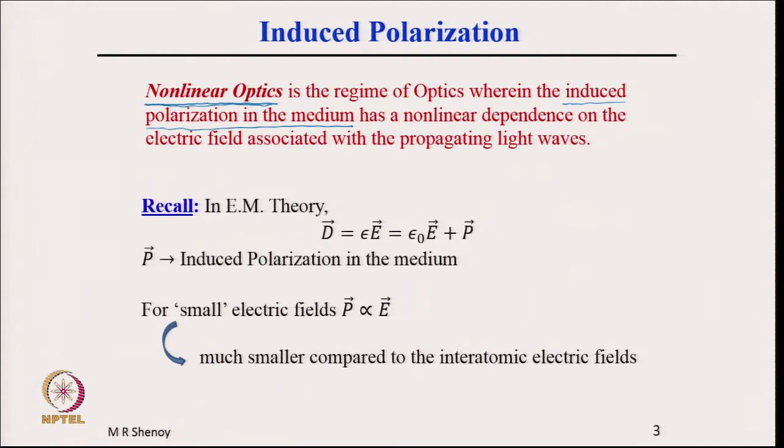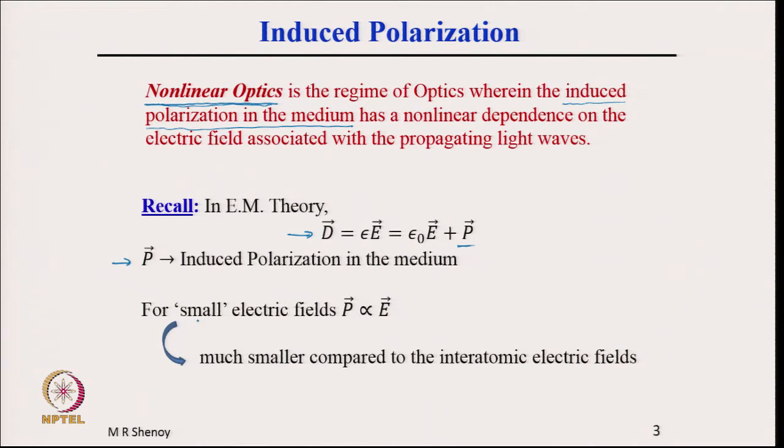All right. Very quickly recall that in the electromagnetic theory, the displacement vector D is given by D is equal to epsilon into E, where epsilon is the permittivity of the medium, which can be written as epsilon 0, permittivity of free space, into the electric field plus polarization. So, here this P is the induced polarization in the medium.